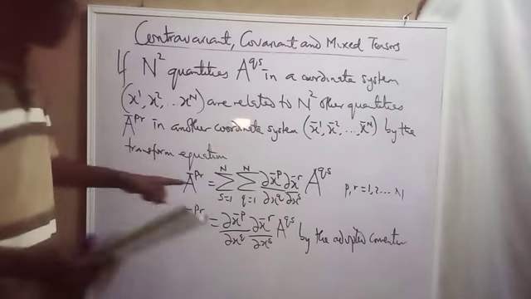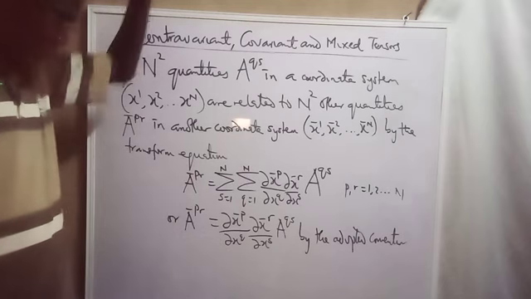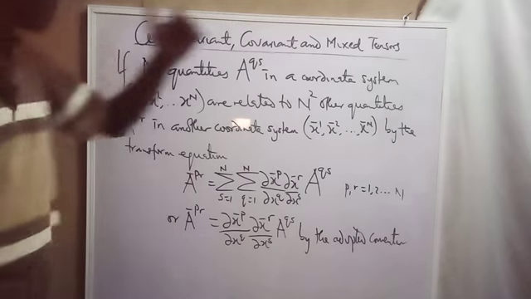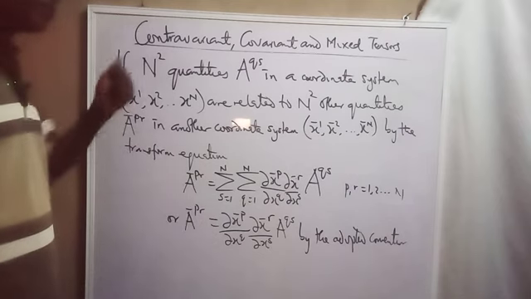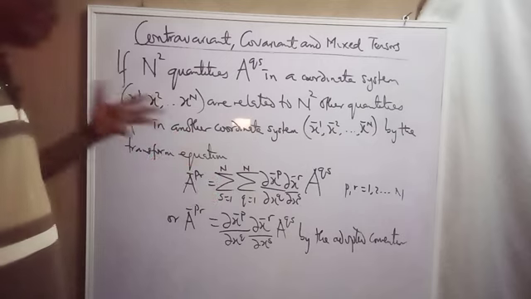Because these indices are up, these are contravariant tensors or vectors of the second rank or second order.